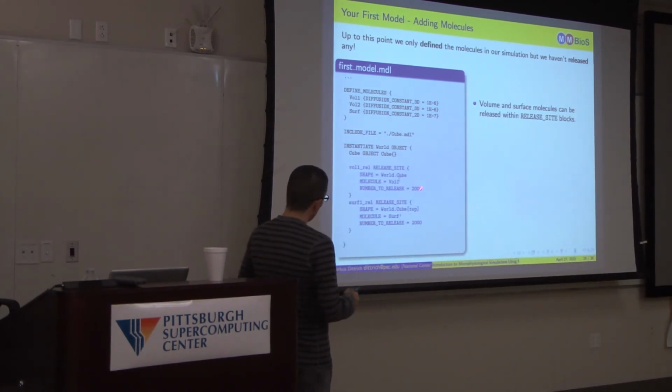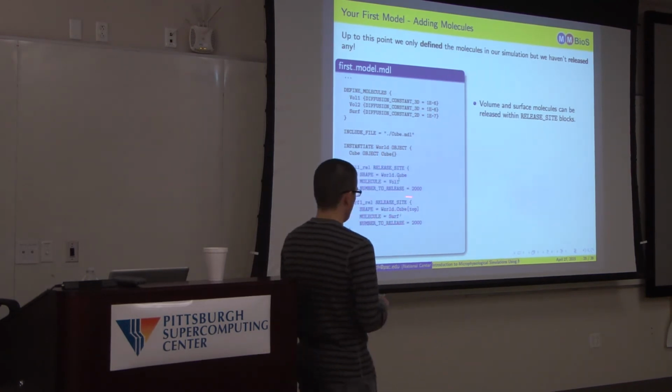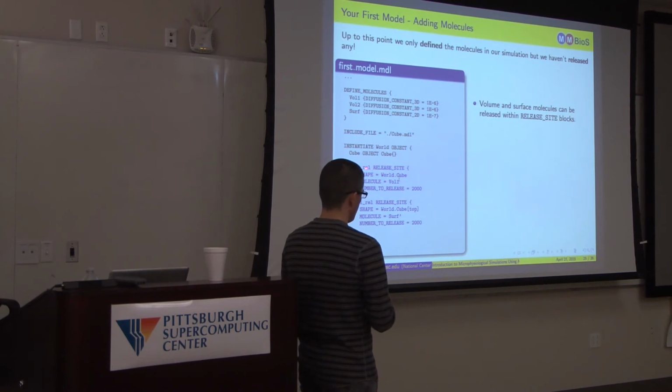And so we have two release sites here. One releases this volume molecule called vol1 that we defined up here. In this case, we release a certain number. We could release by concentration too if you wanted to, but in this case, we release 2,000 of them. And we have to specify where, and we specify this by giving the release site a shape.